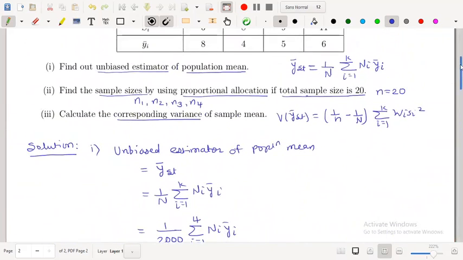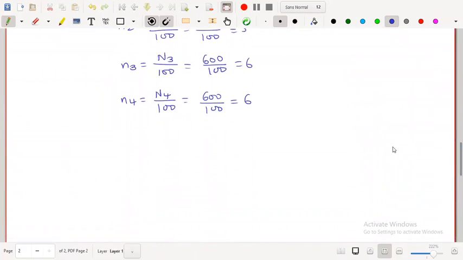Now look at the third one. The third one is to calculate the corresponding variance of sample mean. So we want to find variance of y bar st under proportional allocation. And the formula for variance of y bar st is this one. Consider the variance of y bar st under proportional allocation.